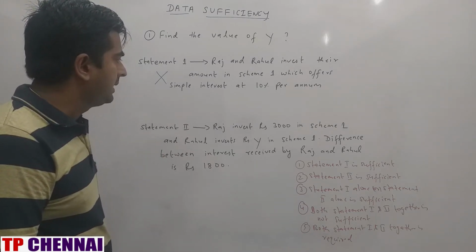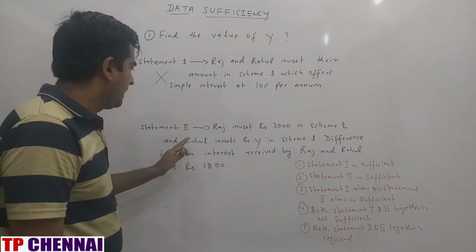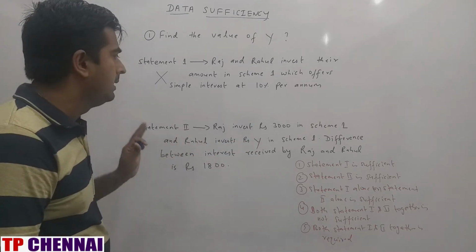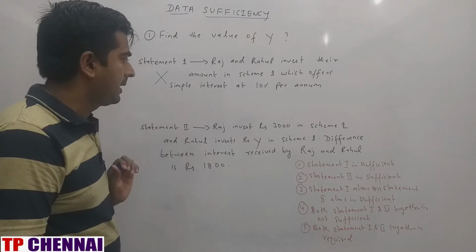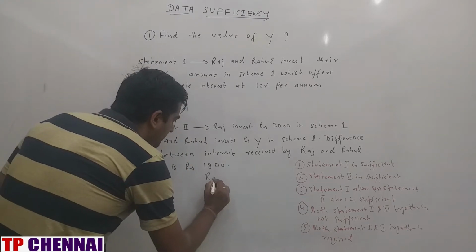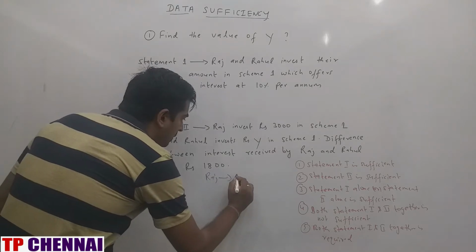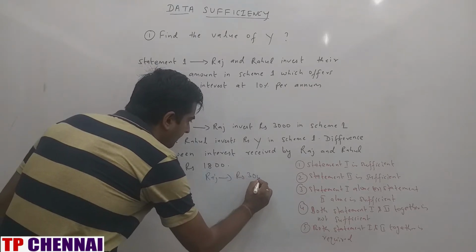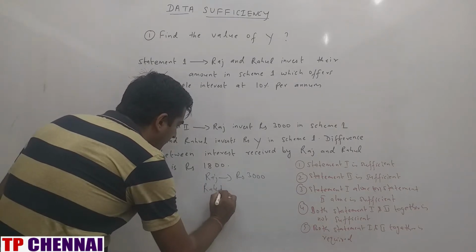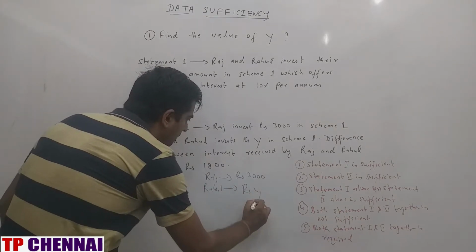Raj invests rupees 3000 in scheme 1 and Rahul invests rupees y in scheme 1. Okay, they have given the principal of Raj and the principal of Rahul. So Raj's principal is rupees 3000. Rahul's principal is rupees y.